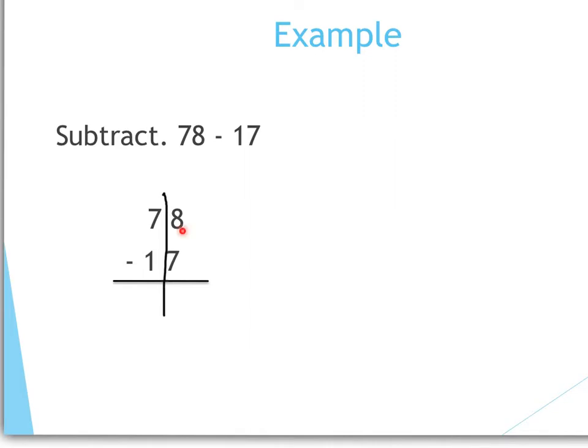So I'm going to take 8 minus 7, which will give me 1. Then I move to the next column, and I'm going to take 7 minus 1, which gives me 6. So my answer to 78 minus 17 is 61.